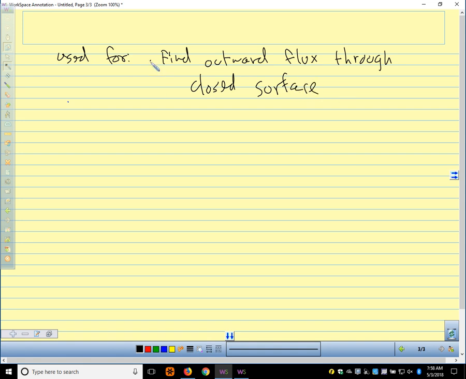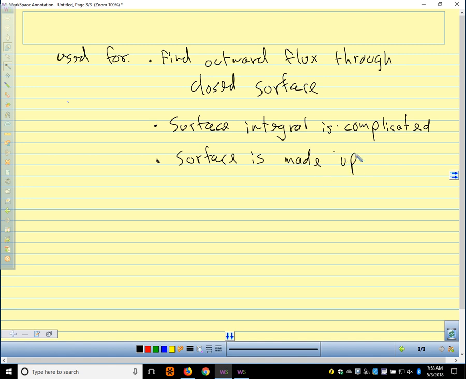And we would want to do that when the surface integral is difficult, just like we use Green's theorem to simplify a line integral. A lot of times a double integral over our region is easier than the line integral around the boundary. So when the surface integral is complicated, and especially when the surface is made up of piecewise smooth surfaces.